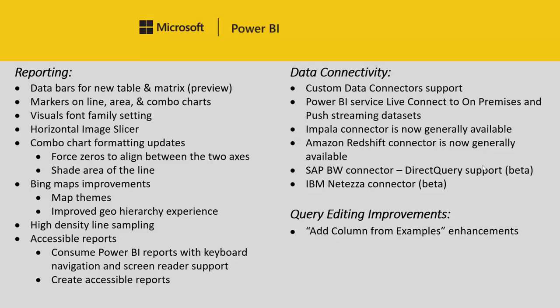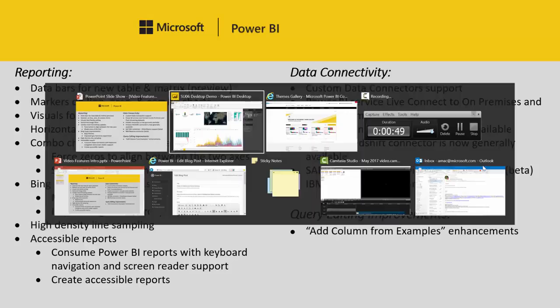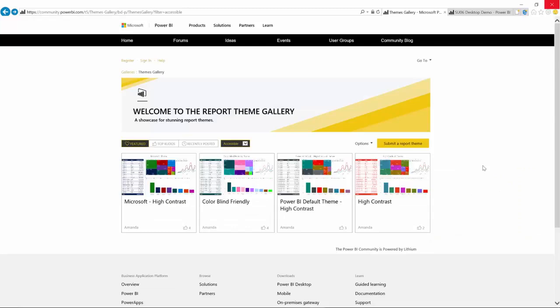And markers are a really big help whenever someone viewing your report is colorblind, because you're no longer relying purely on color to differentiate the lines. You can also use our theming feature. We have in the desktop a theming feature in preview, and on our community site we have a great report theme gallery, and there are several accessible themes there as well.